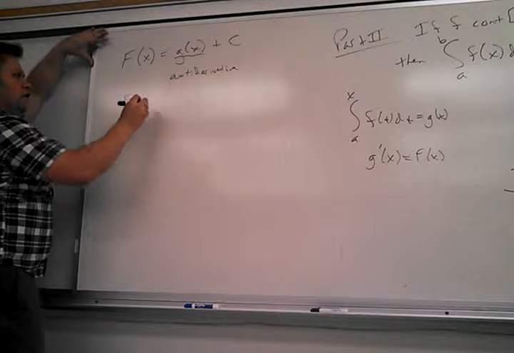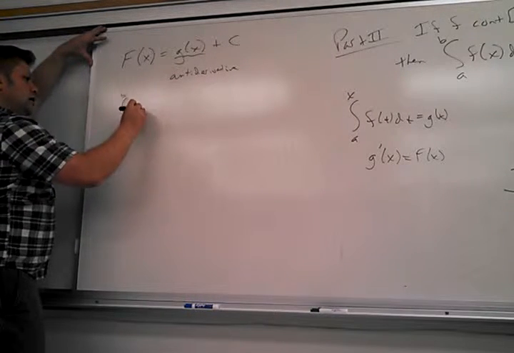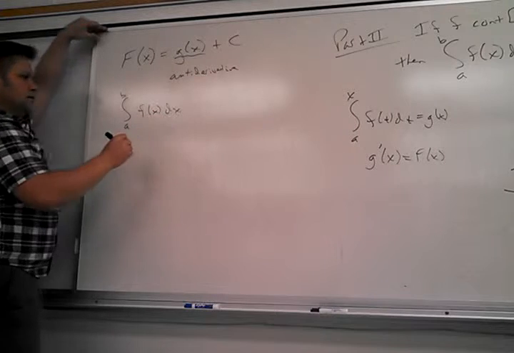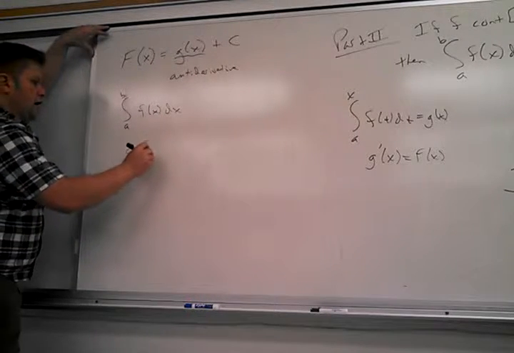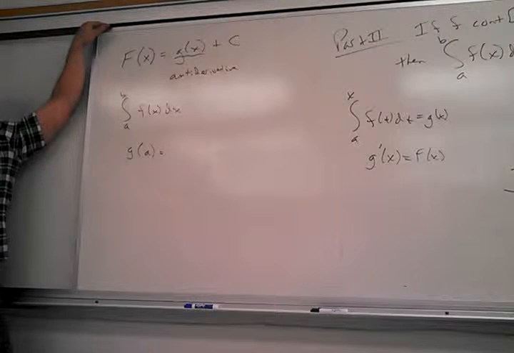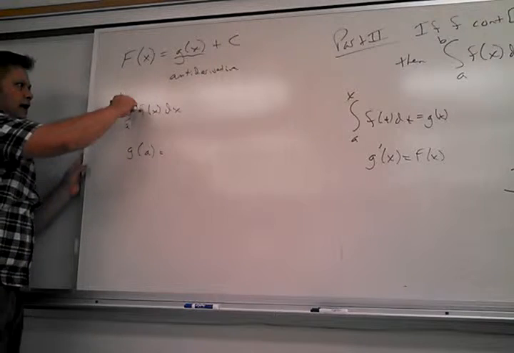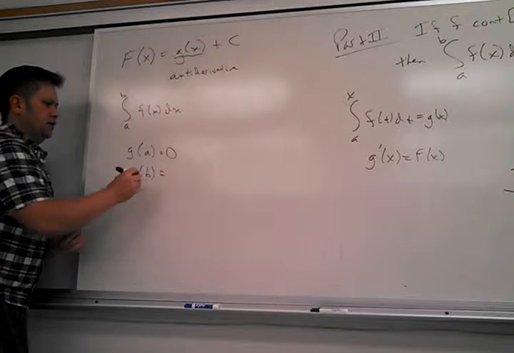So if I want to know the integral from a to b of f of x dx, well, g of a would be what? 0. I love it, right? Because it's a to x, so if x was a, there would be 0. What's g of b?